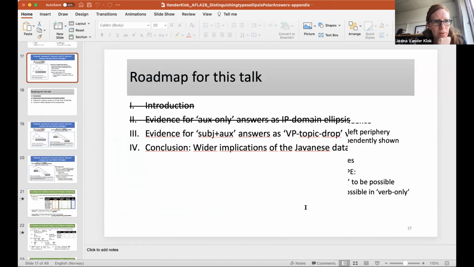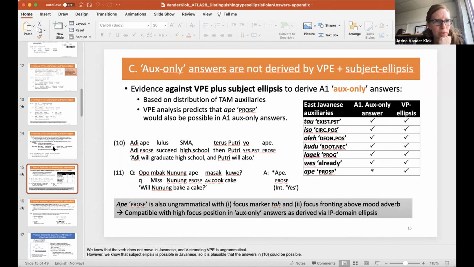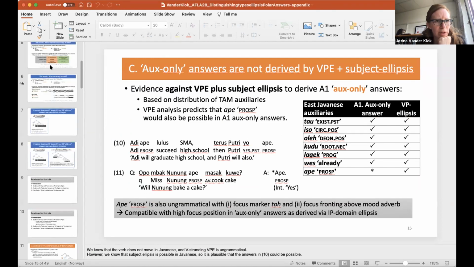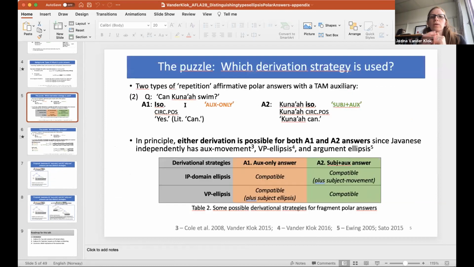So in the examples at the very beginning, you can just answer iso, but in subject auxiliary answers, it's kuna'a iso, typically from a non-native Javanese speaker, where you do find lengthening.